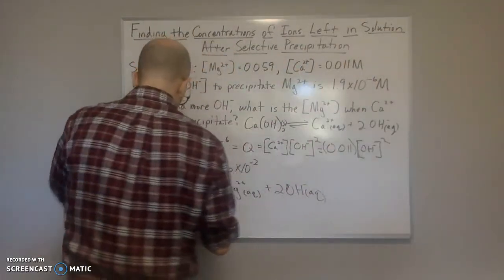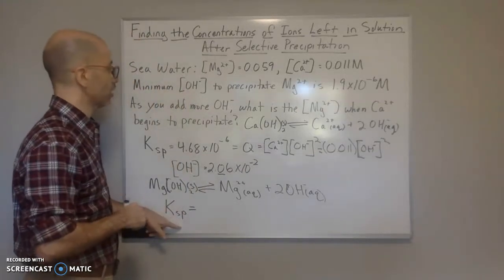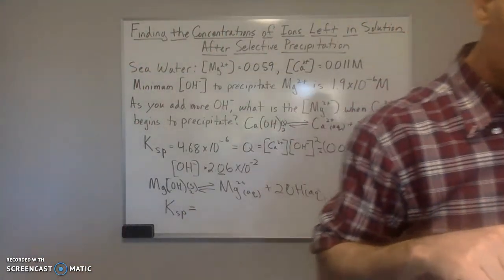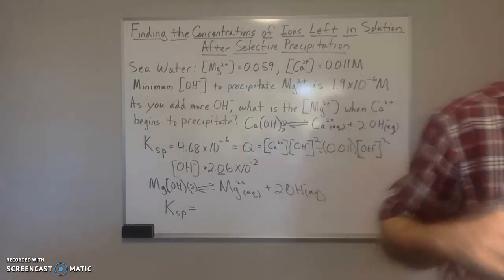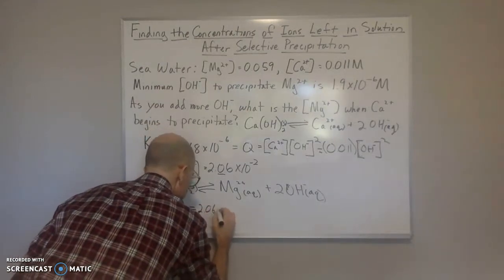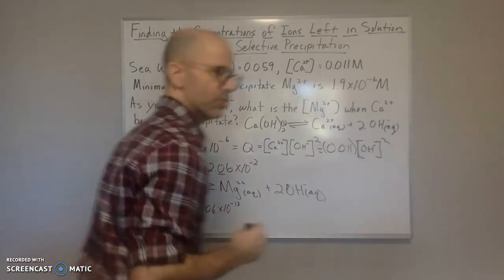So the KSP for magnesium is going to be 2.06 times 10 to the negative 13.